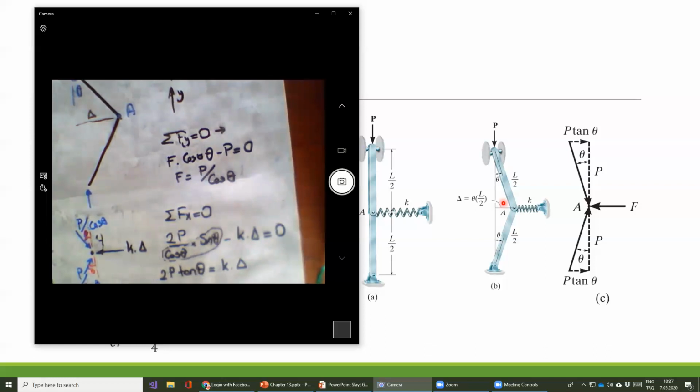So first of all, we have a small deformation theory.